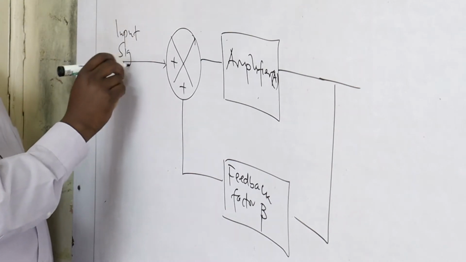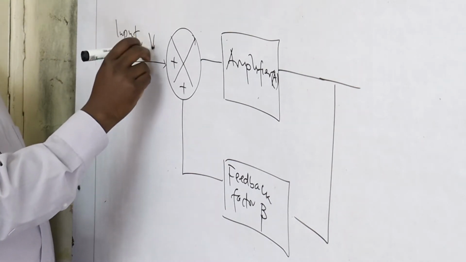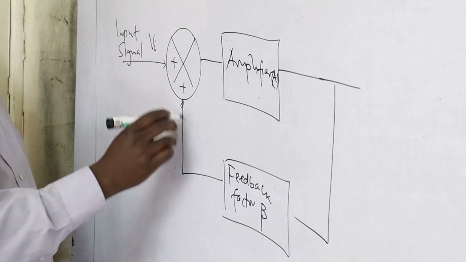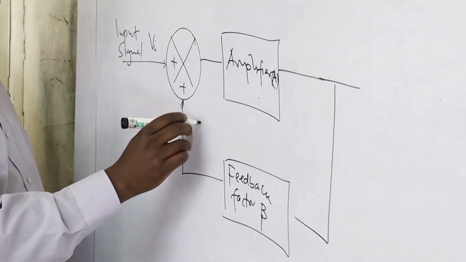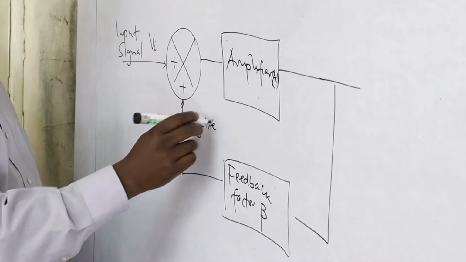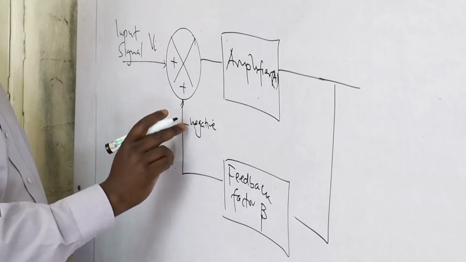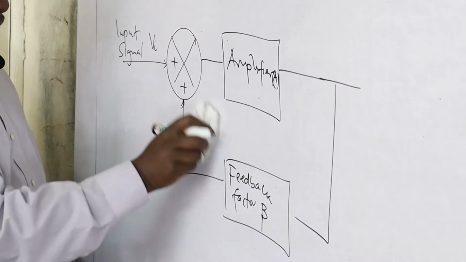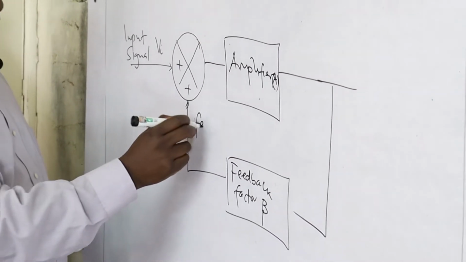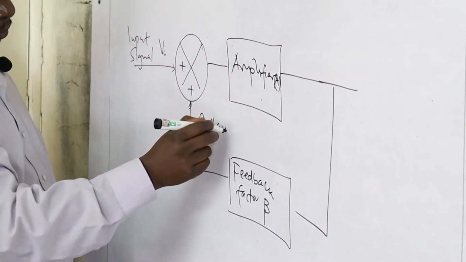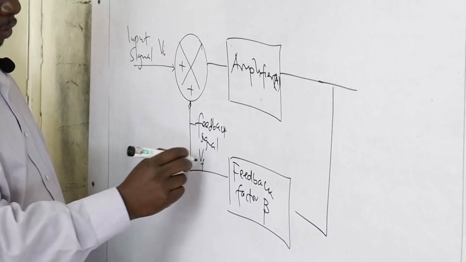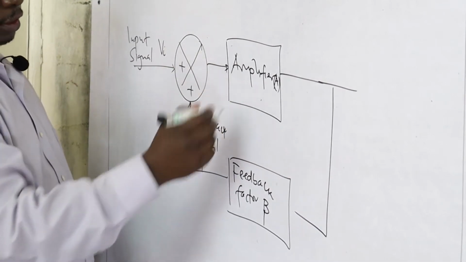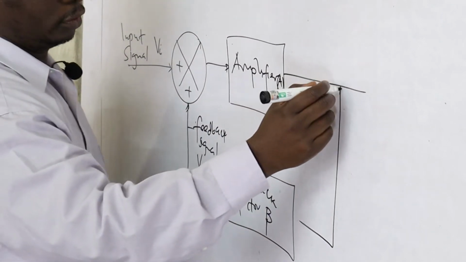Input signal, VI, feedback signal, VF, this is the amplifier, this is the output signal.